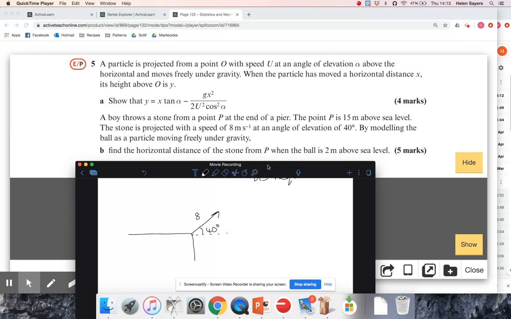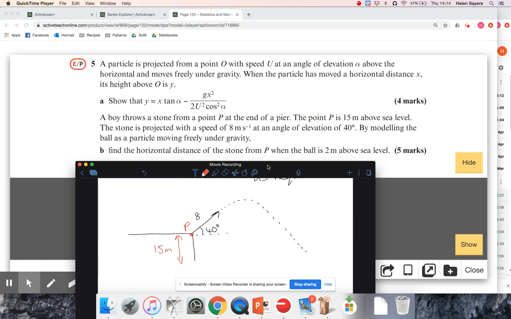So it's going to move freely under gravity, so it's going to go up for a bit and then come back down. And we want to find the horizontal distance of the stone from P. So P is where he chucked it. So P is our starting point. But that was 15 meters above sea level.